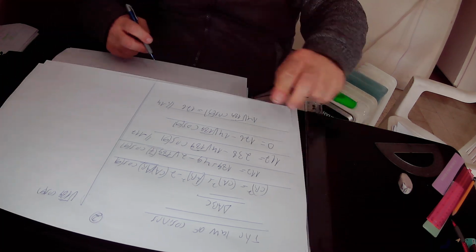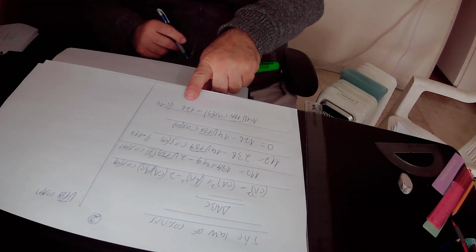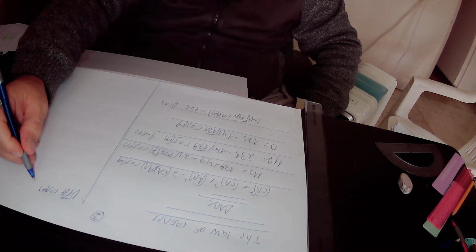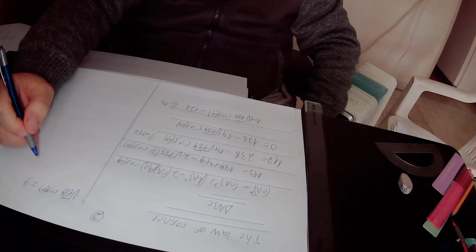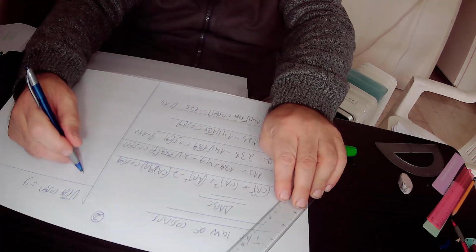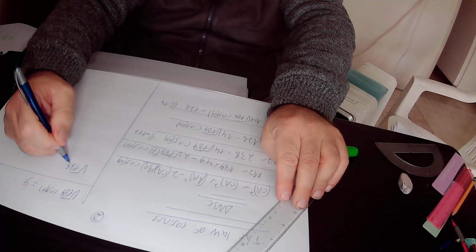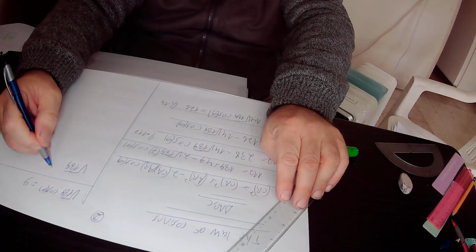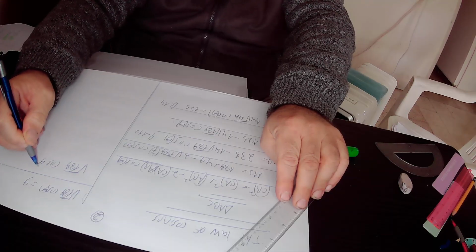On the other side of the equation we have 126 over 14, which is 9. So in total we found out that square root of 189 times cosine alpha equals 9.